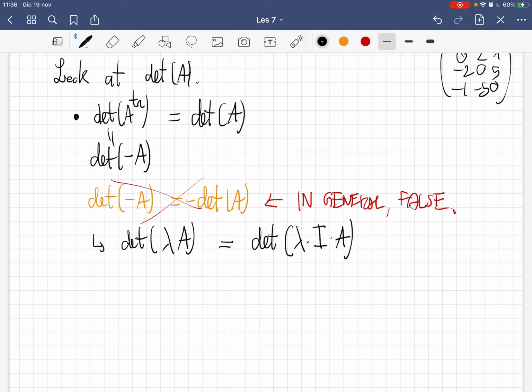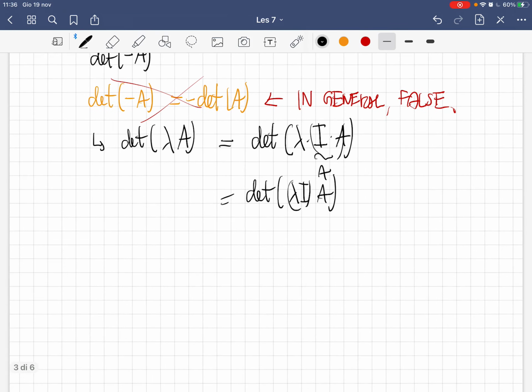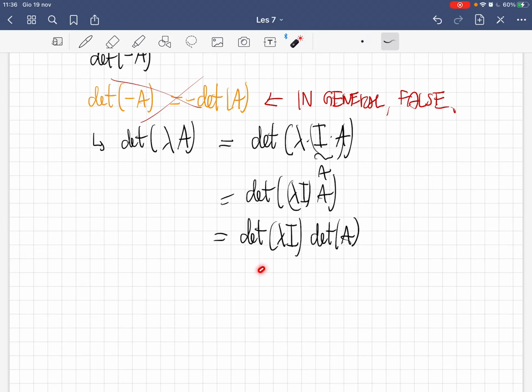You can also rearrange things like this, and then you use the known formula, which says the determinant of A, and then the determinant of lambda times the identity. So this is a matrix like this.